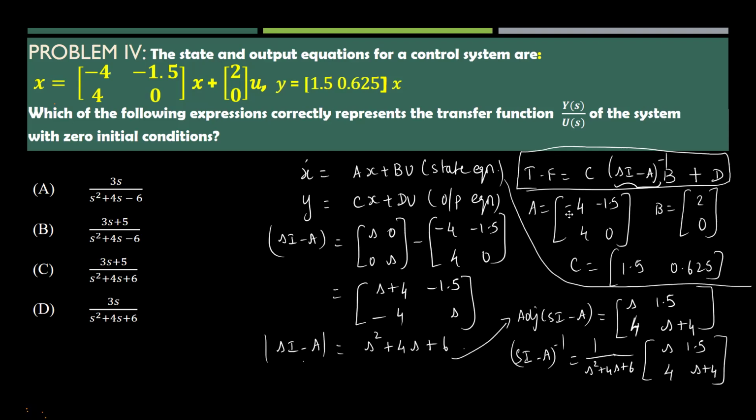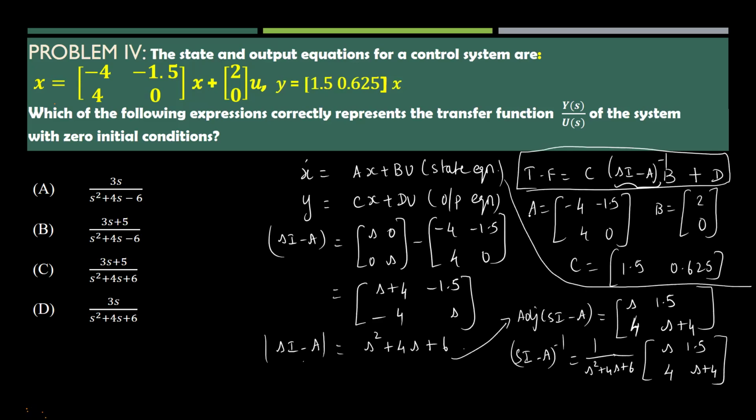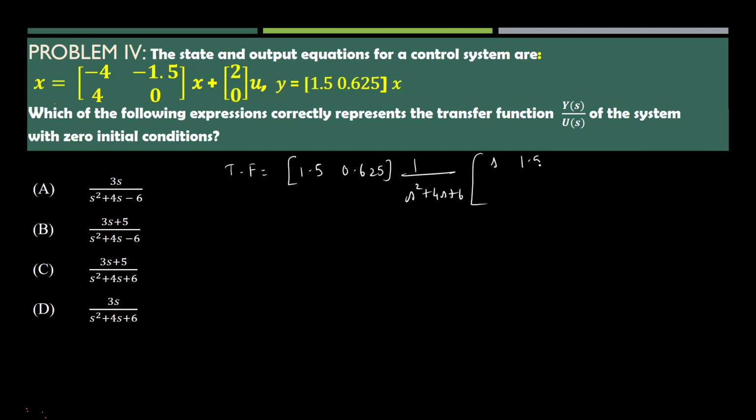Okay. So now we will use this relationship to find the transfer function. So transfer function equal to C matrix, that is 1.5, 0.625 into inverse, that is 1 by s square plus 4s plus 6 into what we found out, s, minus 1.5, 4, s plus 4, into the B matrix is 2, 0.